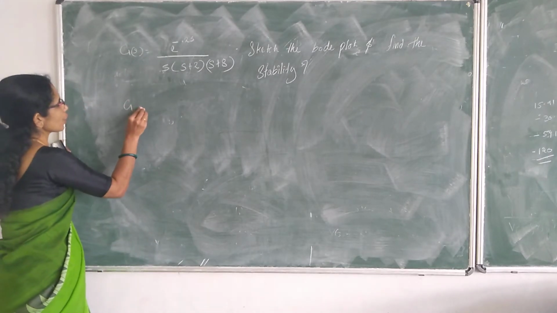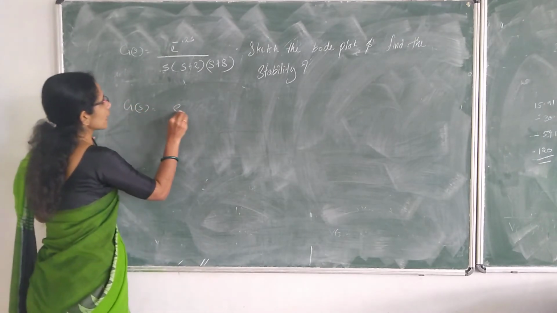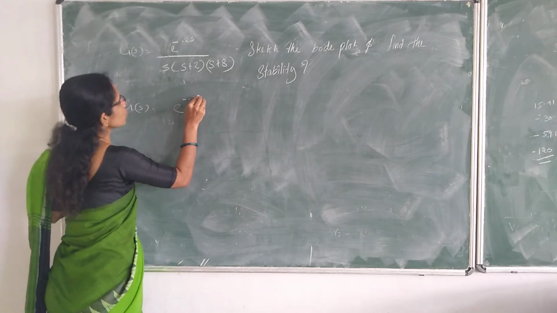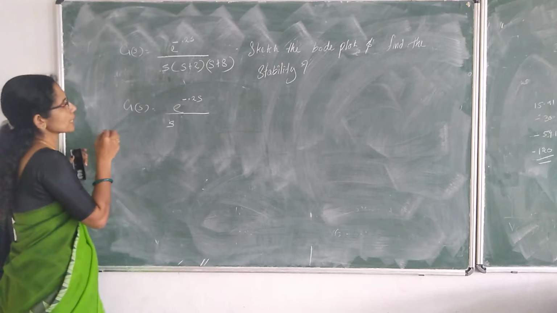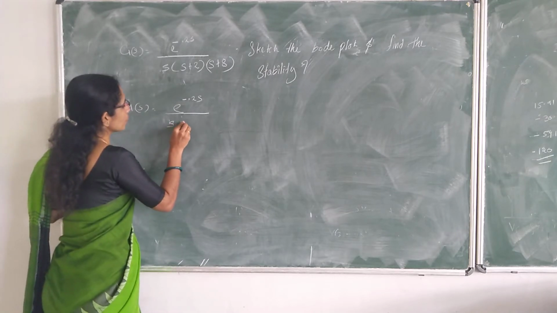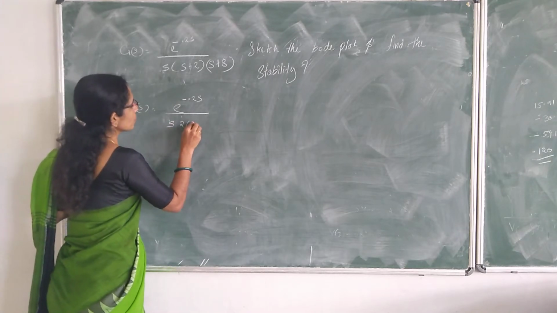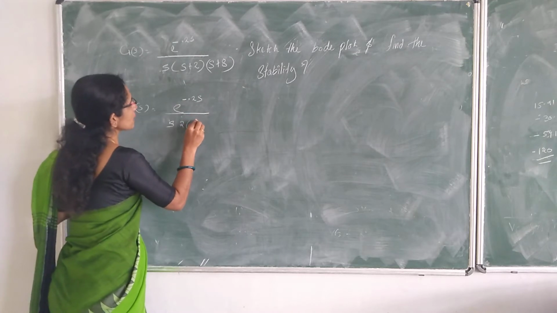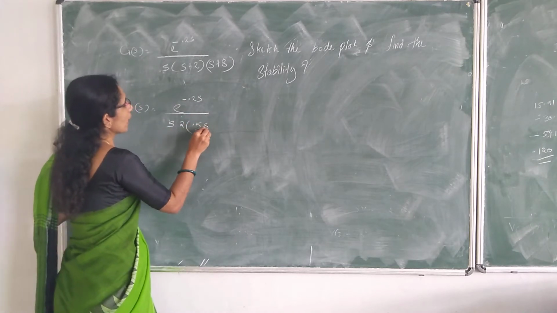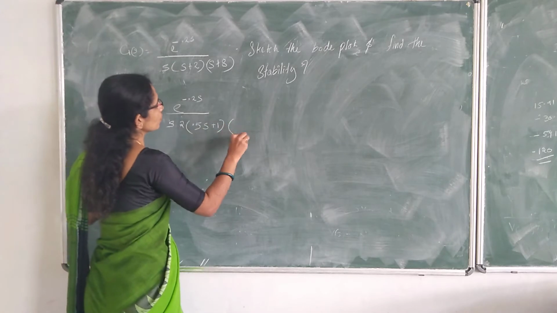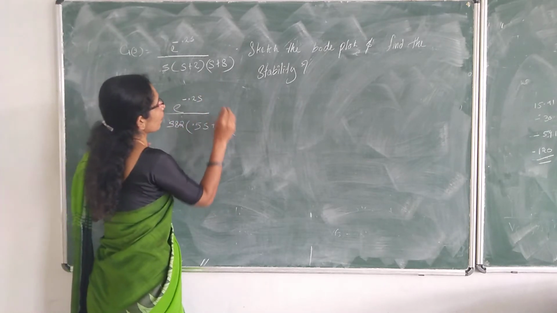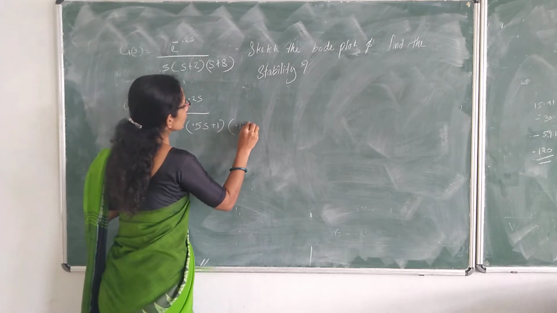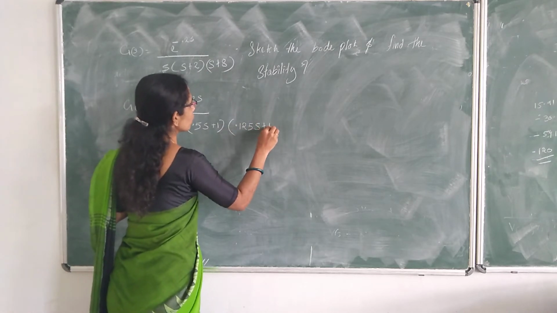That is g of s equals e raised to minus 0.2s divided by s into 2 into 1 by 2, that is 0.5 s plus 1, into 8 into 0.125 s plus 1.